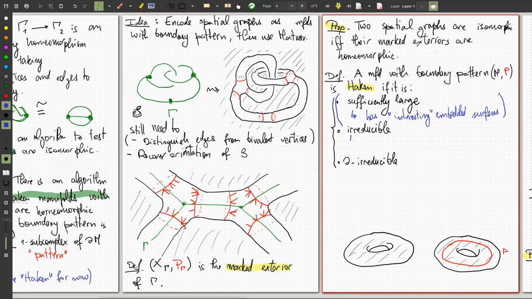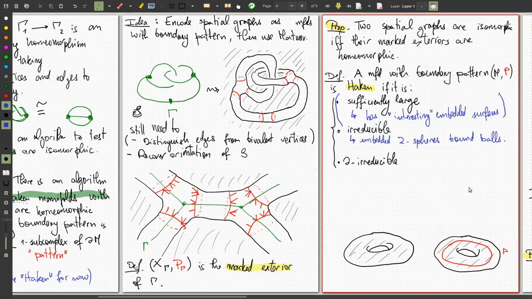So being irreducible, I should say that both the sufficiently large and the irreducible property have nothing to do with the boundary pattern, really. They're just properties of M. Irreducible is a property of 3 manifolds that says that embedded 2 spheres are trivial in the sense that they bound balls.